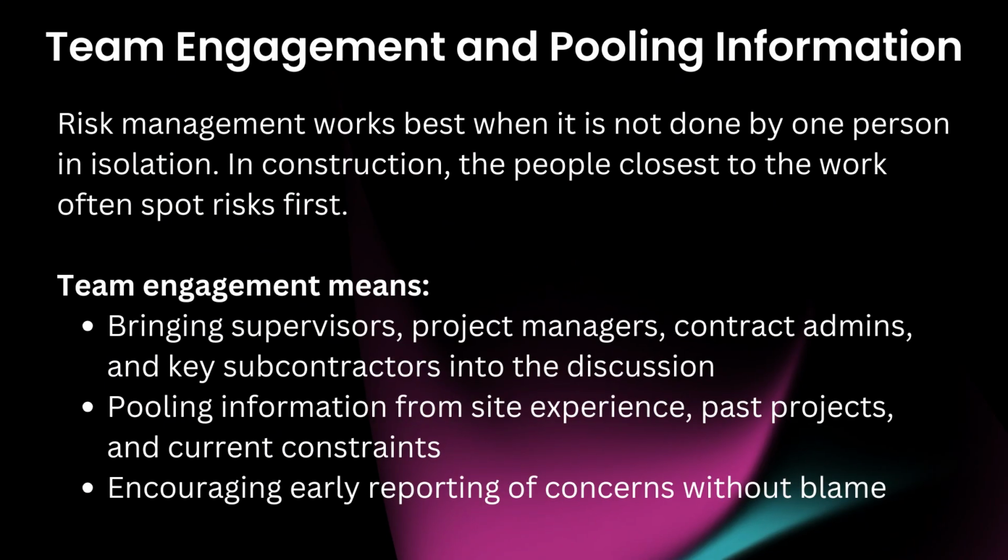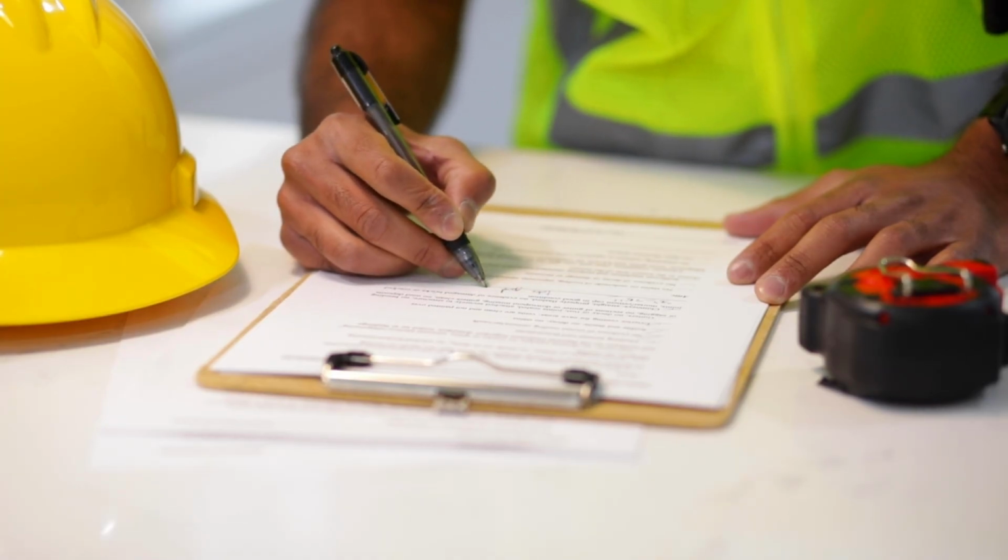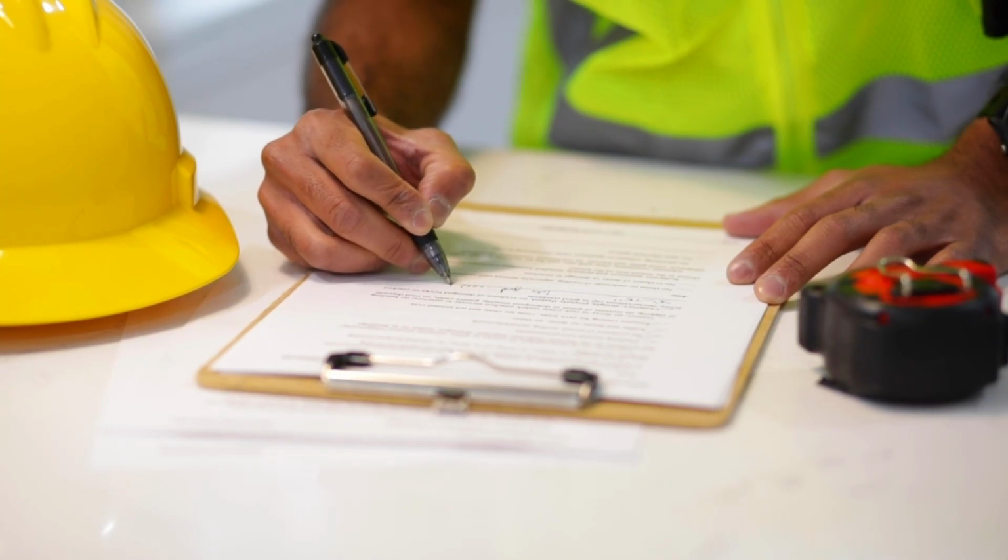Team engagement and pooling information. Risk management works best when it is not done by one person in isolation. In construction, the people closest to the work often spot risks first. Team engagement means bringing supervisors, project managers, contract admins, and key subcontractors into the discussion, pooling information from site experience, past projects, and current constraints, and encouraging early reporting of concerns without blame.